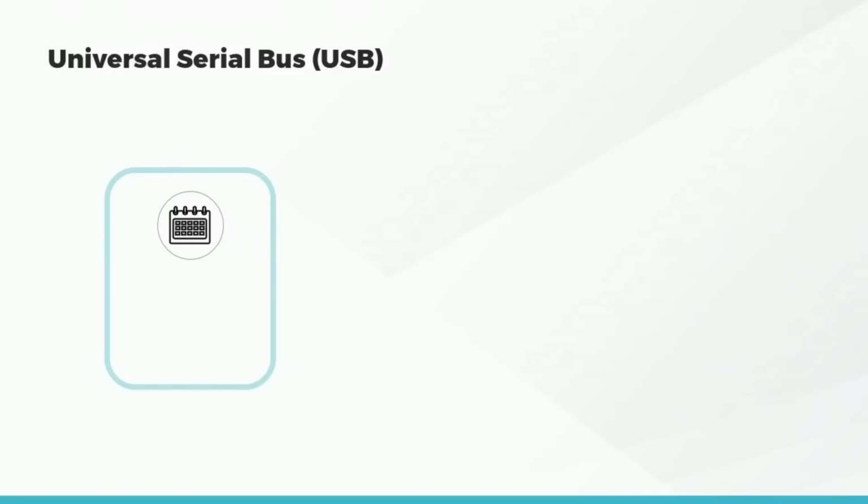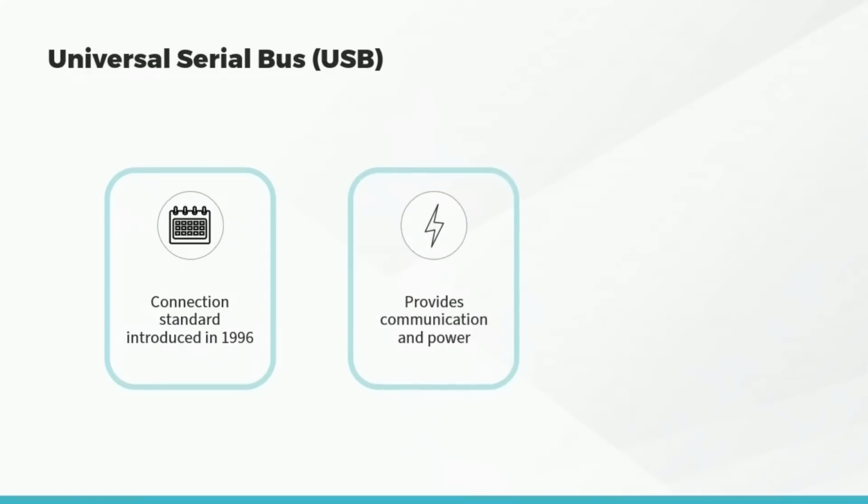Now, all of those devices can use the Universal Serial Bus or USB to connect, meaning that it no longer mattered which device was connected to which physical port. As long as you had enough ports, you could connect any number of devices. USB itself was introduced as a standard connection type in 1996 and was not only able to transfer data between devices, it could also provide power.